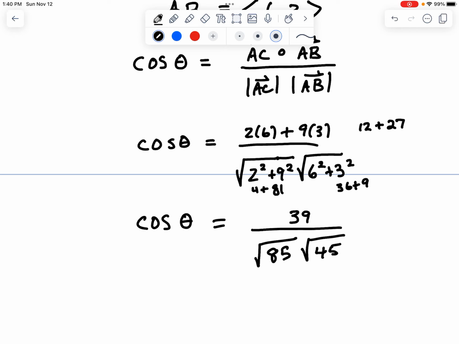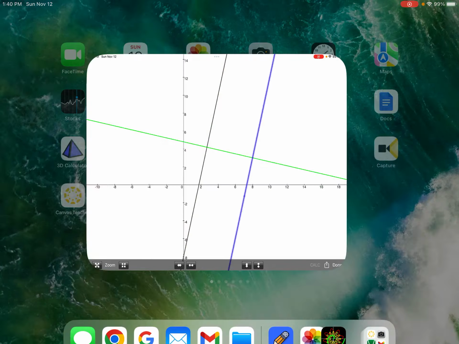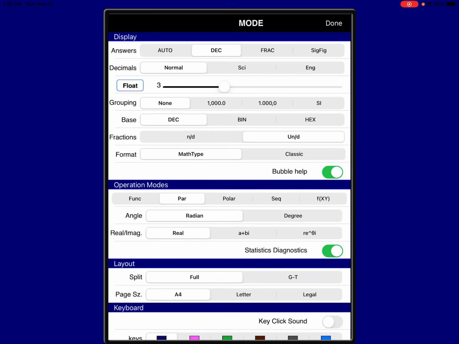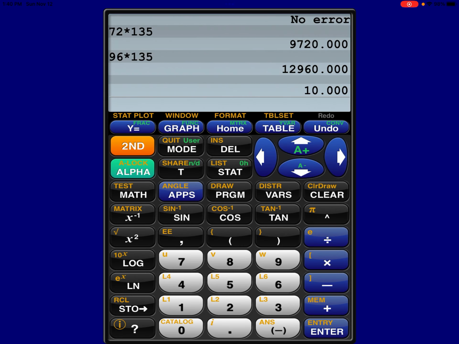So then I just need to use a calculator to find out what is the cosine inverse of that fraction. So go over to the calculator, and I want the answer to be in degrees, so most likely my calculator's in radians right now. So go to degrees, and then find cosine inverse.